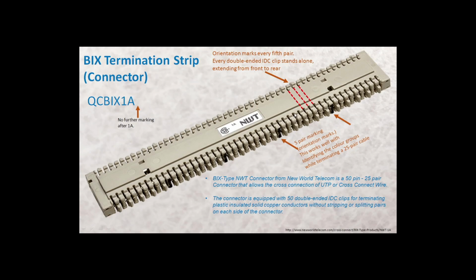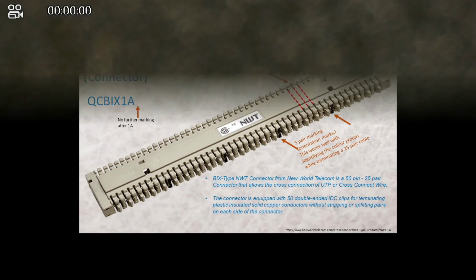Right. Now, how is this connector constructed? Well, basically, those are IDC, insulation displacement clips or connectors, and let's see if I can pull up this view of a microscope here.